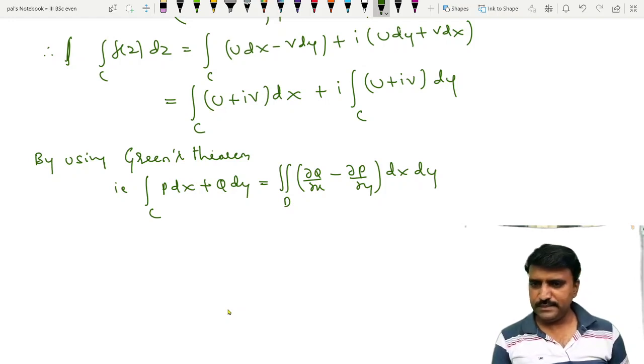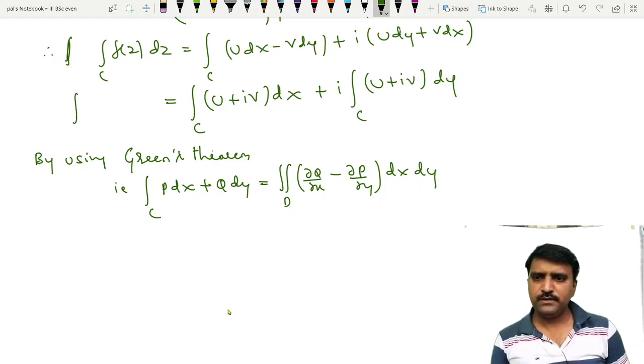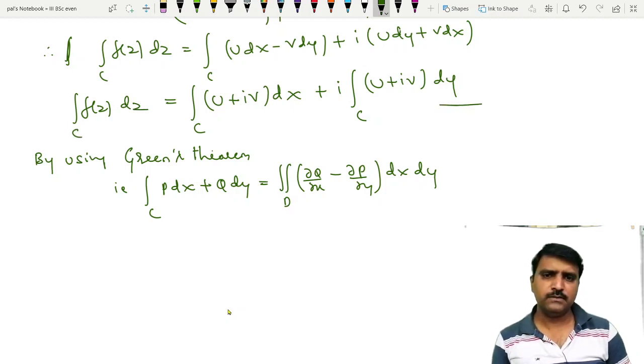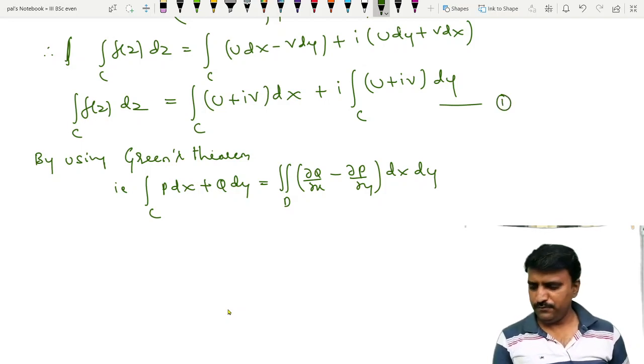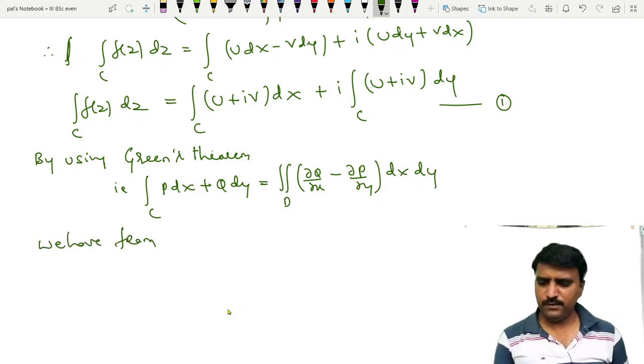Therefore, if you use this Green's theorem, now we have, you take this as equation 1: the integration of f of z dz over C. Now from equation 1, I am writing this integral two times here.